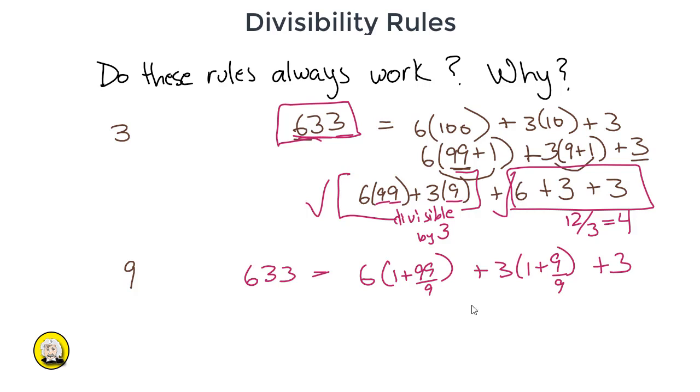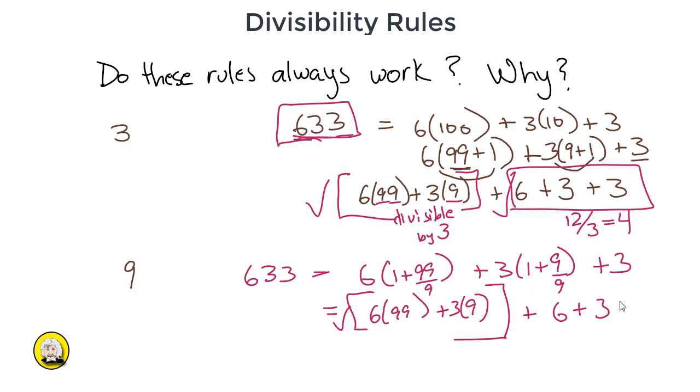So I can do the same exact approach for 9 as well. I'll rearrange my terms to those that are divisible by 9, the 6 times 99 and the 3 times 9. And what I'm left with is the 6 plus 3 plus 3, again, the summation of the digits of the number. And in this case, I'm checking for divisibility by 9.